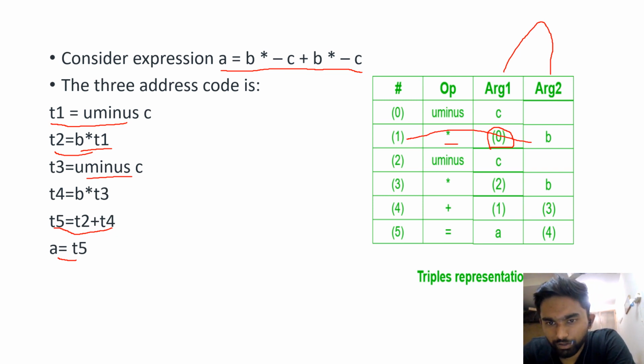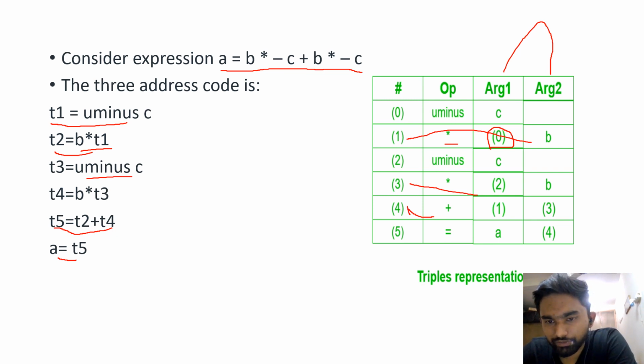Now we have b * pointer 2, which is minus c, which is at pointer 3. Now we have whatever value pointer 1 holds plus whatever value pointer 3 holds, we add both of them, and that value is at pointer 4.